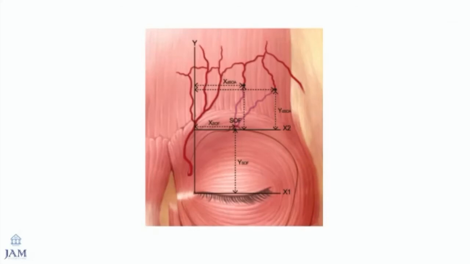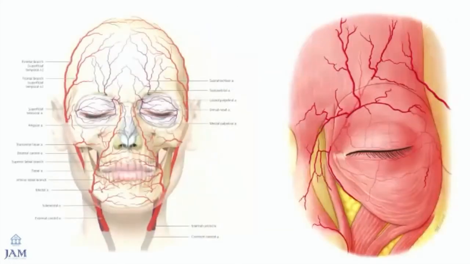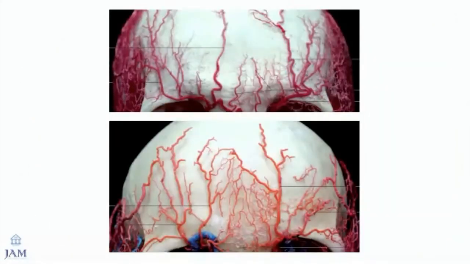But the supraorbital artery is located more superficially than the supratrochlear. And another danger area is the point of anastomosis between the supraorbital and the superficial temporal arteries, like this one. You can see there are many anastomosis points between two arteries.